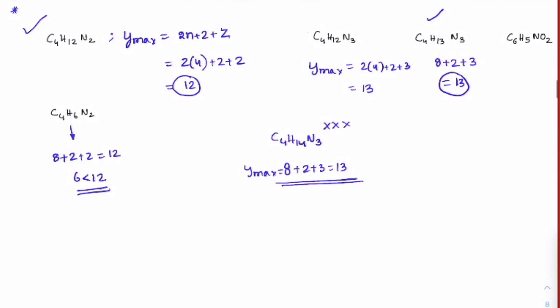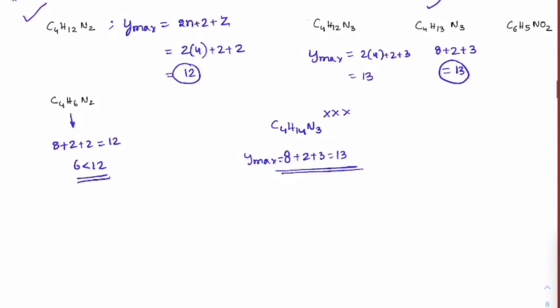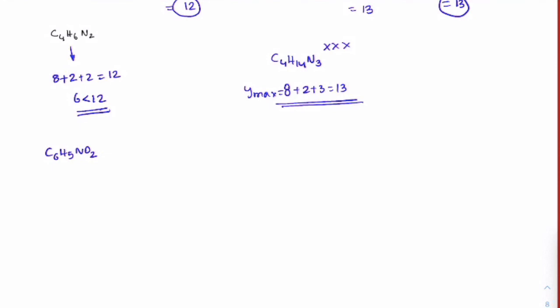Let us see this last one, C6H5NO2. Remember, oxygen and sulfur do not have any significance on this number. So Y max will be equal to 6 times 2 plus 2 plus 1. I guess you understood why I have added 1, because there is one nitrogen.